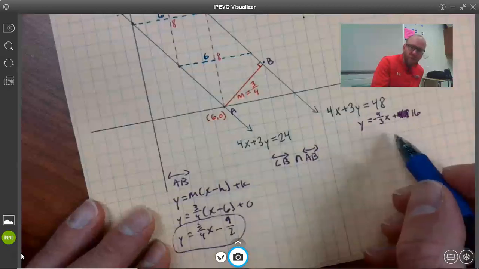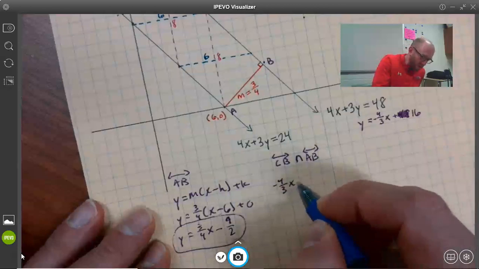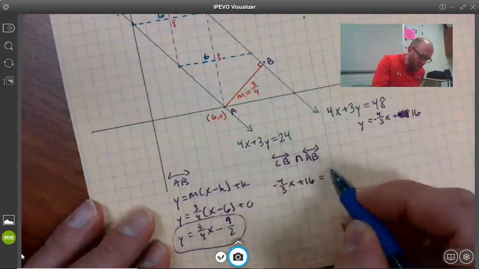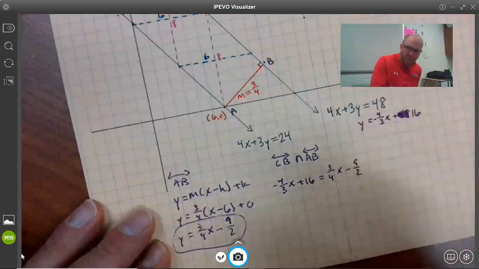So we're going to set these two equal to each other. I have negative 4/3 x + 16 = 3/4 x - 9/2.